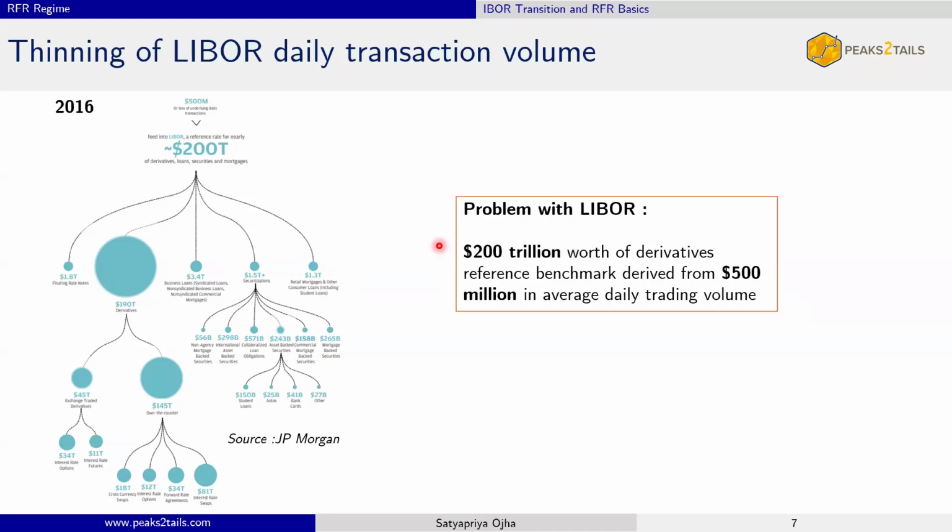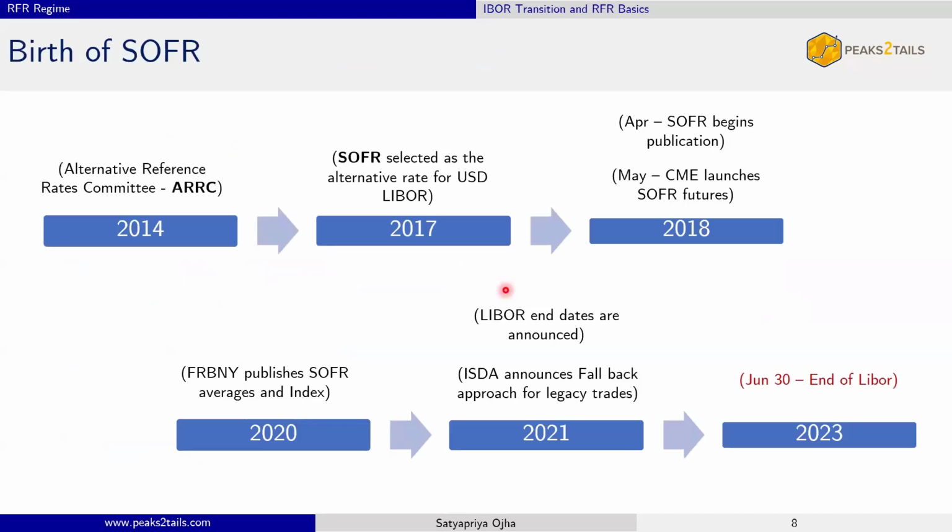That's the reason why a new committee was convened called the Alternative Reference Rates Committee, ARRC. Back in 2014, this committee was created to start thinking about another candidate for this benchmark rate or risk-free rate.